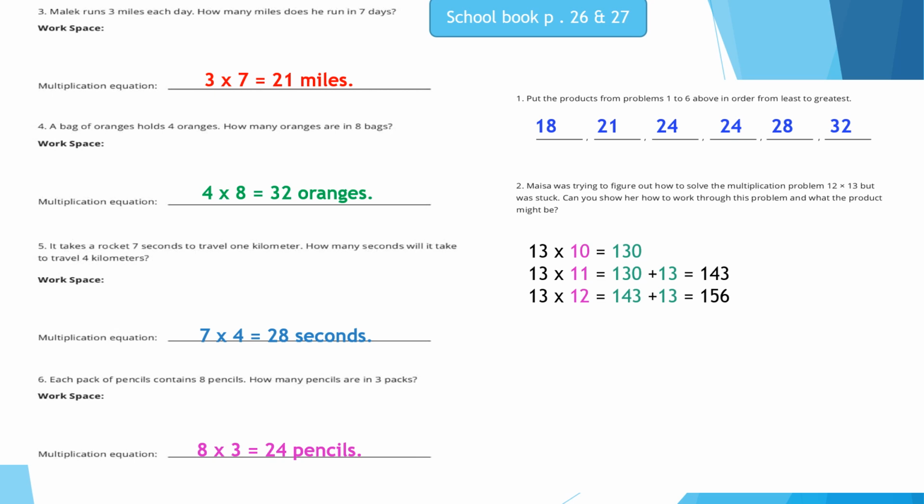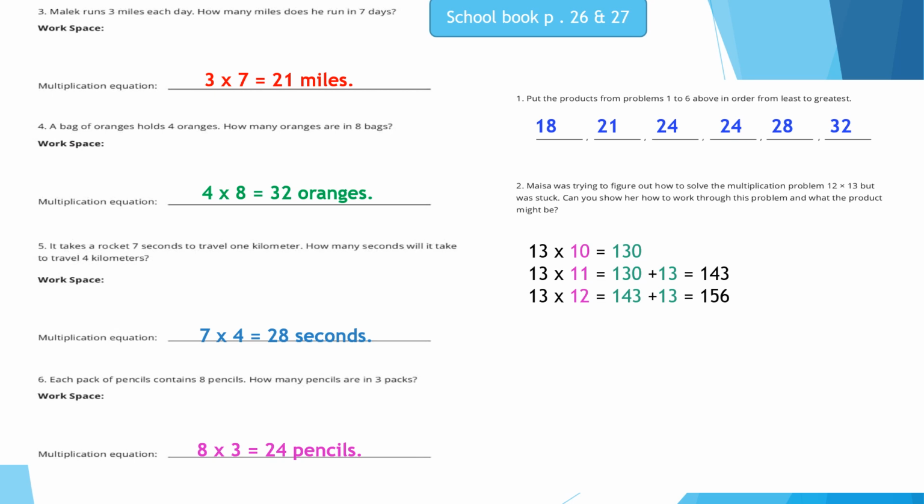If we wanted to find 13 times 11, we repeat 13 one time more than 10, so we add another 13: 13 plus 130 equals 143. You can do it by using ones and tens. Now we found 13 times 11 equals 143.